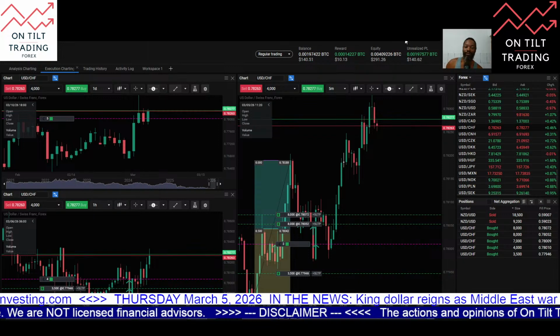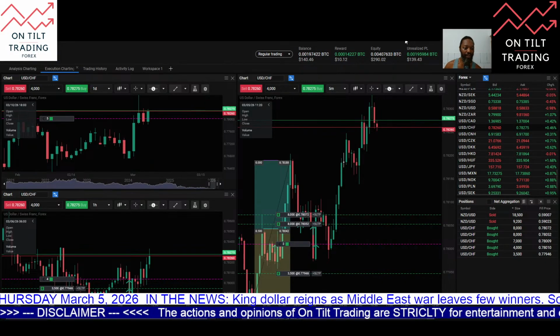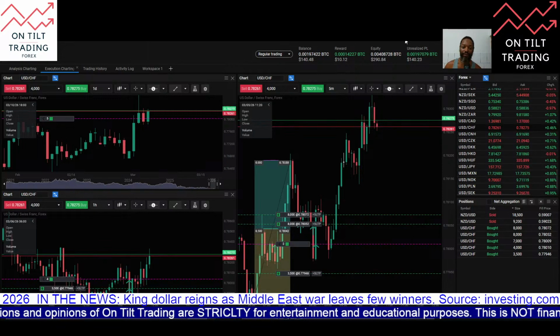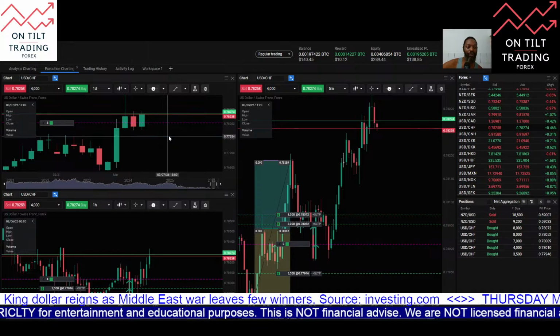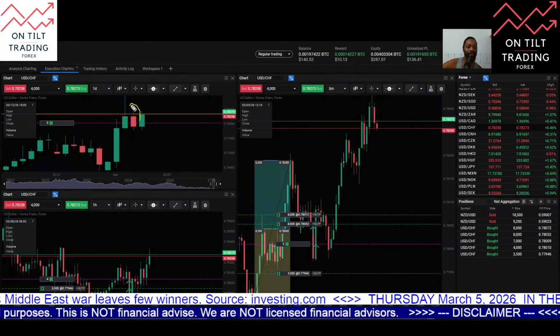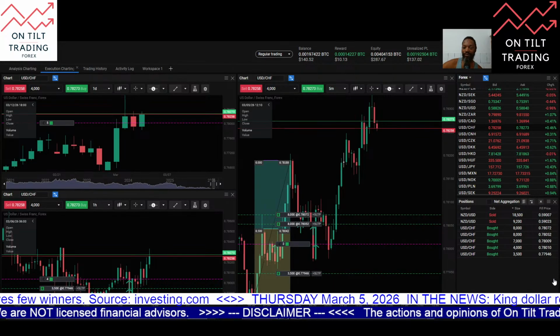This particular trade on dollar Swiss, I was looking to take some early profits, but decided against, as the risk to reward for this trade is smaller. As you can see, the body of this candle here is much smaller than the body of the candle that I'm trading with in Kiwi dollar.